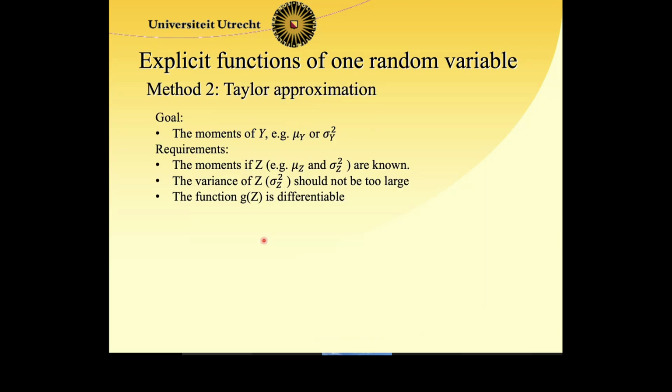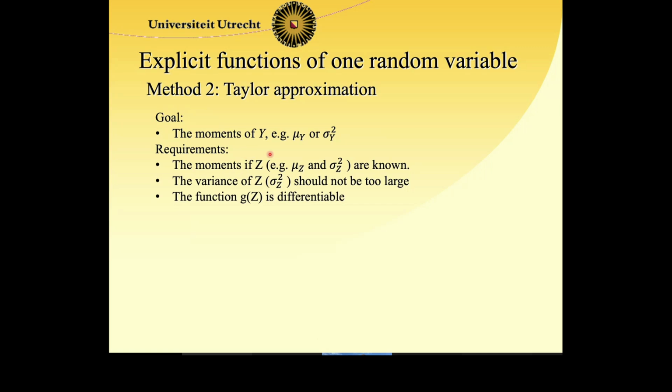Now it may be that you have a function that is not invertible, for instance, or you don't know exactly the complete probability density function, and that's more common than anything.